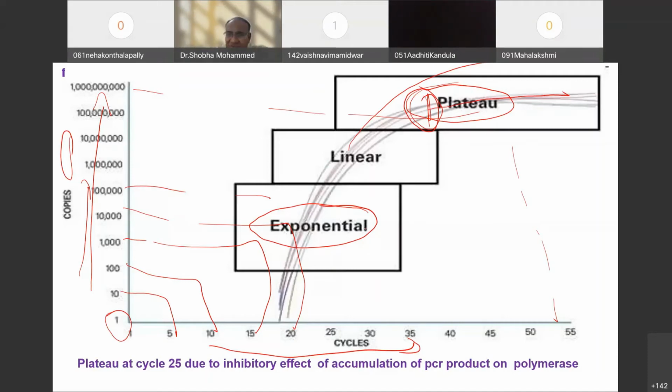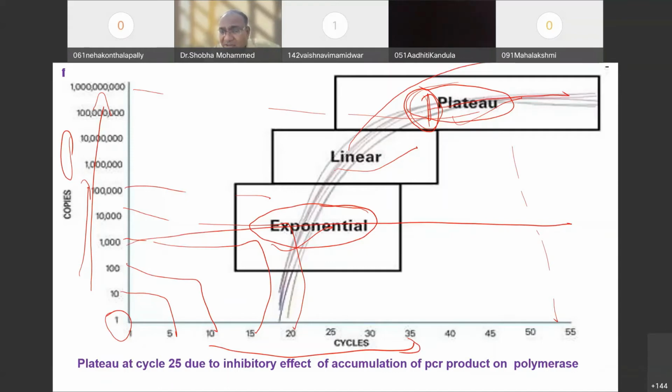So we have three phases. I need to divide this into three phases. We call them the exponential phase, the linear phase, and the plateau phase. The exponential phase tells me the amount at which it started recycling, and it gives me a baseline of that particular DNA.